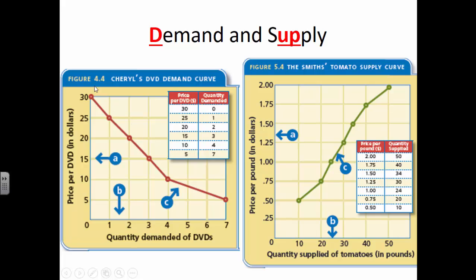Demand curves are going down and to the right. If you read it from left to right, it's going down, right? That's a demand curve. A supply curve has the up in it. And if we read from left to right, it's going up, right? And so remember, this is what you're trying to focus on today with your activity.